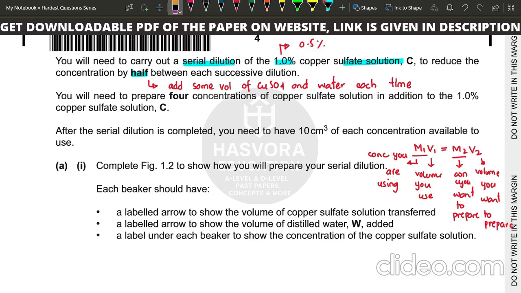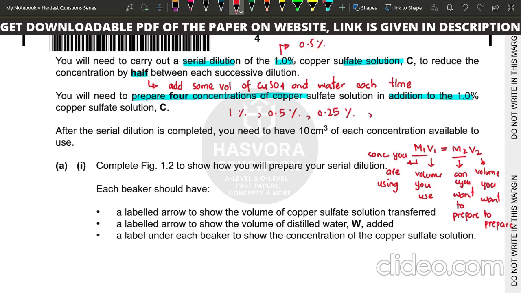Okay, so now they are telling you that you will need to prepare 4 concentrations of copper sulfate in addition to 1%. This means that we have a total of 5 concentrations. So if I have 1% as the initial, I have to prepare 0.5%, just divide by 2, then divide 0.5 by 2, it becomes 0.25%.